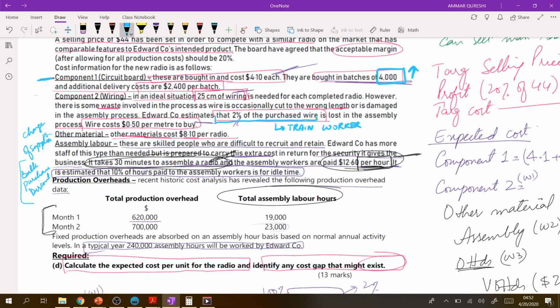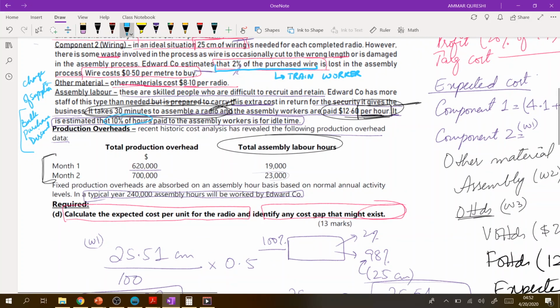And then there is a 10% loss of labor time. Productive time is getting lost. We can again try to motivate the labor. And we need to identify why there is 10% idle time, and we can try to eliminate that issue. If it is a machine issue, a labor issue, or any other issue, we can try to sort out that problem so that we can reduce the 10% idle time wastage.